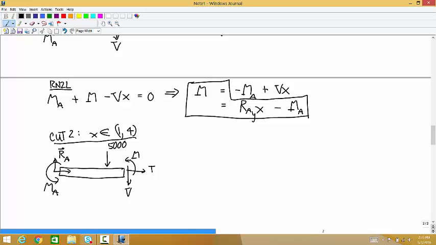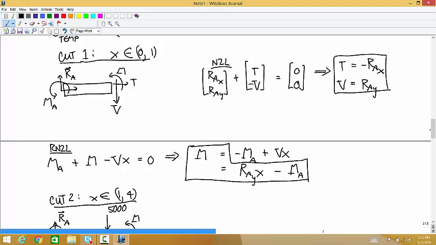Does RAY do anything? Because X is 0 at the left for the first cut. Will what do anything? Because X is 0 at the left. For the moment function? Well, that first cut is all the points up to 1. So it'll be 0 at the end, but not over the whole thing.